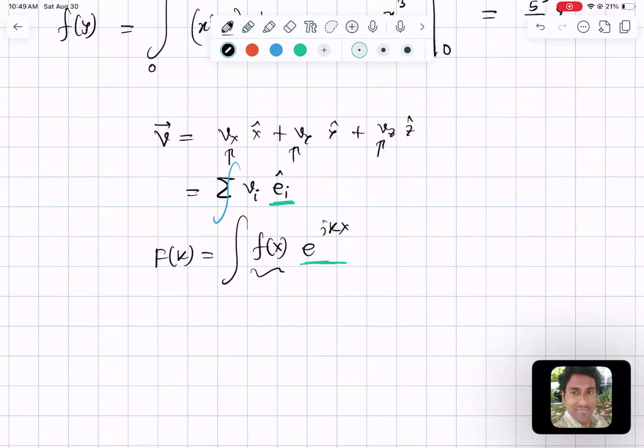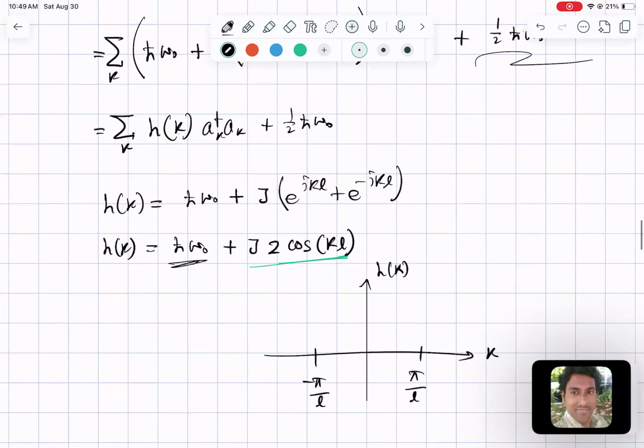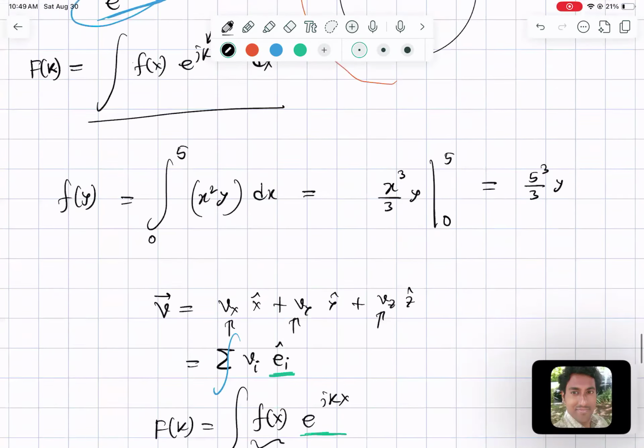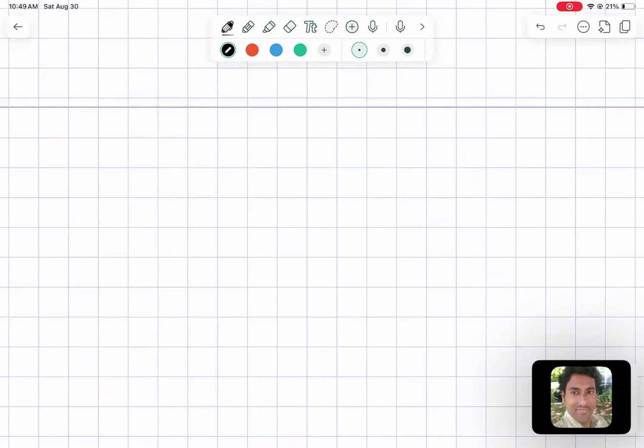So okay, now we are back to the tight binding model, or TB.